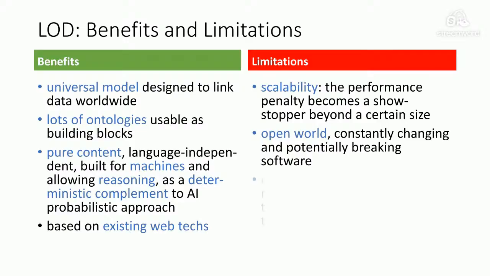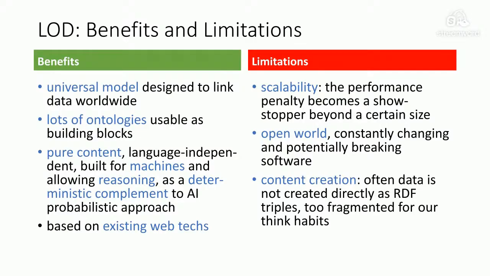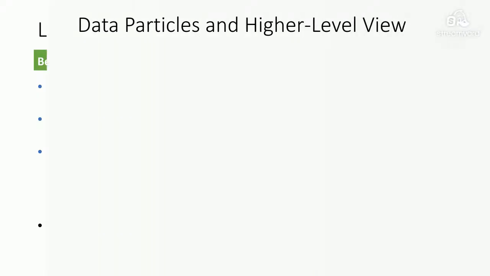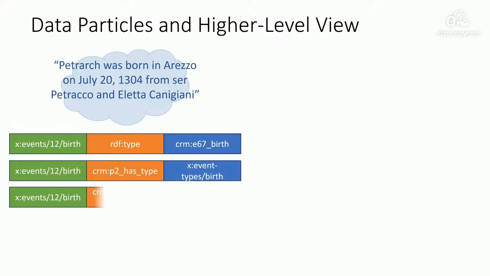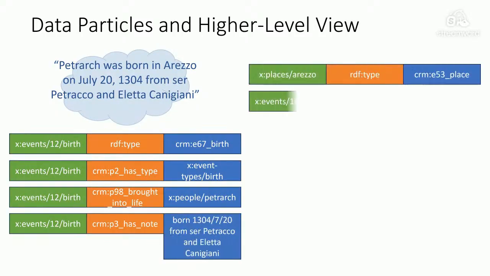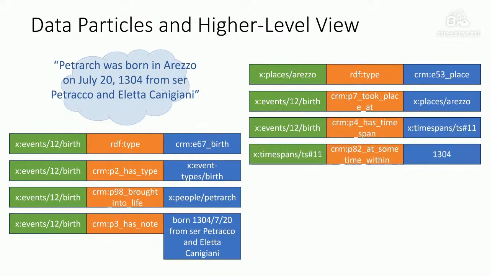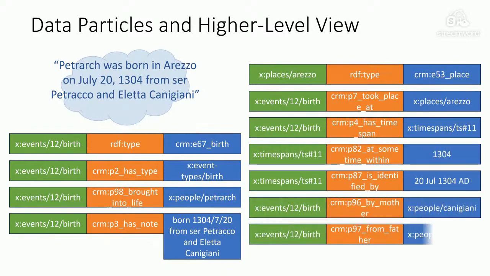And finally, when creating content, we usually need a less fragmented way of defining it. We humans don't think with a myriad of atomic, loosely coupled statements like this. For instance, consider this simple sentence about Petrarch's birth. Here we need a dozen triples and a couple of ontologies to just represent it in LOD as a set of linked atomic statements, like here.